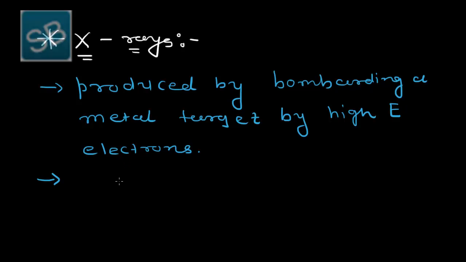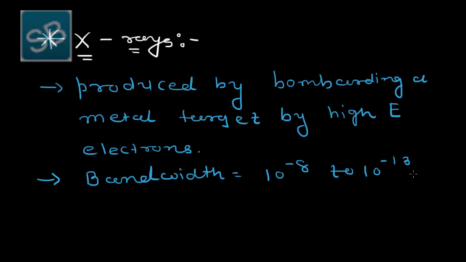The X-ray spectrum, or we can say the bandwidth of the spectrum, is from 10 to the power minus 8 to 10 to the power minus 13 meter, and this is beyond the ultraviolet region. X-rays are used in many applications.